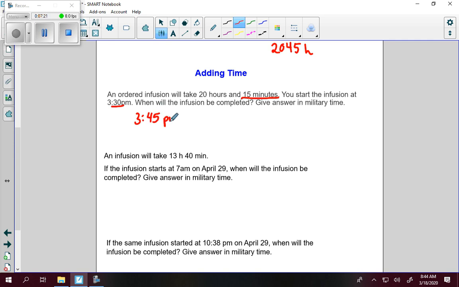And it's still PM. But since I want to give it in military time, I need to add 20 hours to 3:45. If I added 24 hours, it would then be 3:45 p.m. the next day.